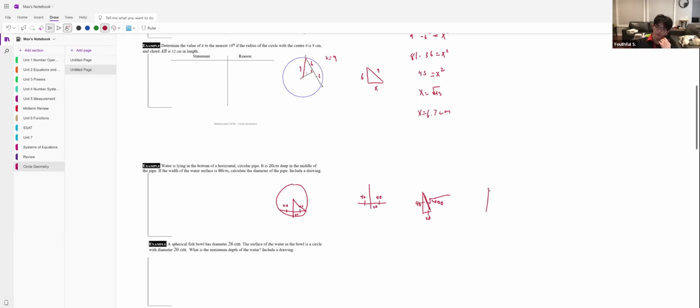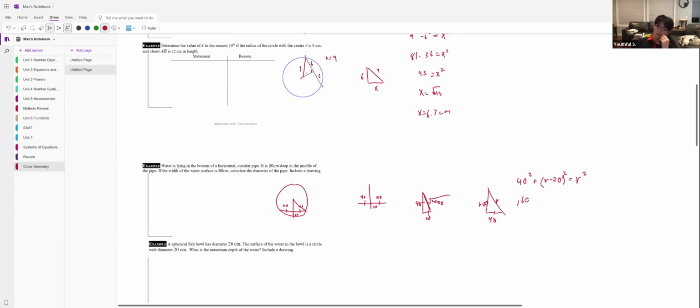We also have this triangle, right, with base 40. This is radius minus 20, right? And this is radius. So okay, 40 squared, right, plus r minus 20 squared is equal to r squared.